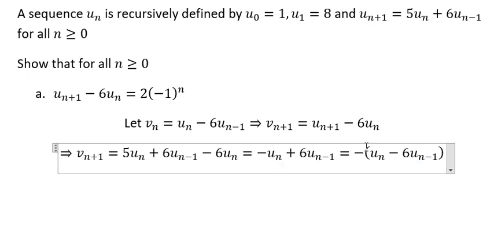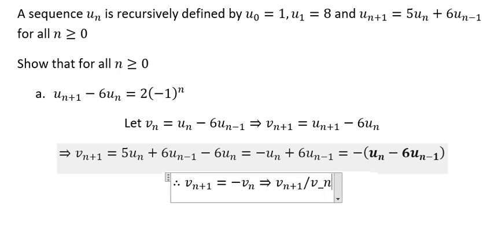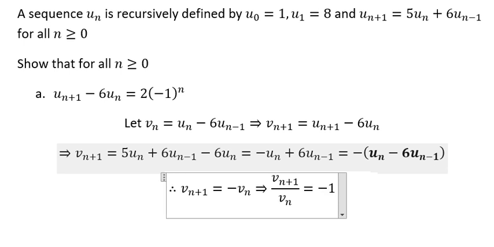But you come to notice that this is Vn, okay? So it therefore means that my Vn plus 1 is equal to negative Vn. If Vn plus 1 is negative Vn, it means that Vn plus 1 divided by Vn is equal to negative 1. That is a common ratio.